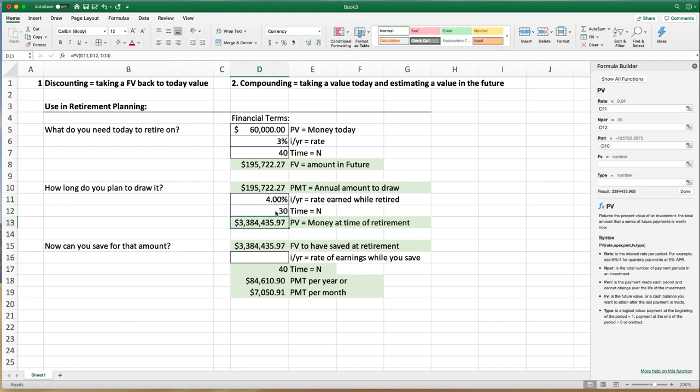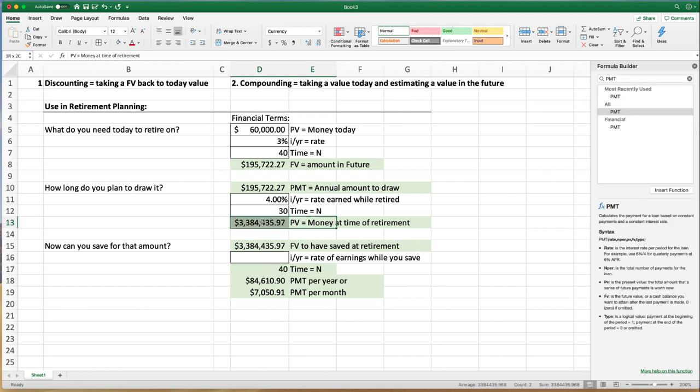So that means by the time that you get to retirement age, you're going to need a bank account or an investment account with about 3.3, nearly $3.4 million in your investment account. Now, that's the amount of money you're going to have to get that done.